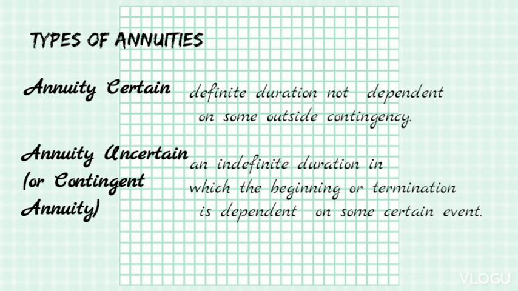Examples are the monthly payment on a house or a monthly payment on a car. Annuity uncertain is an annuity payable for an indefinite duration in which the beginning or termination is dependent on some certain event. Examples are life insurance and pension.